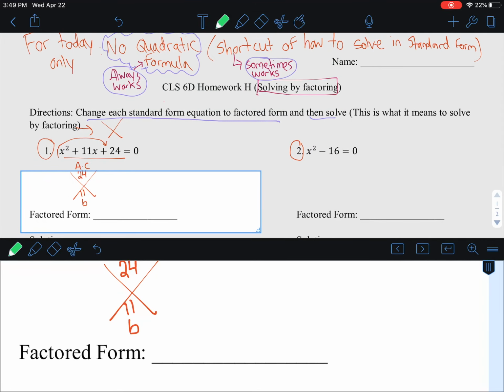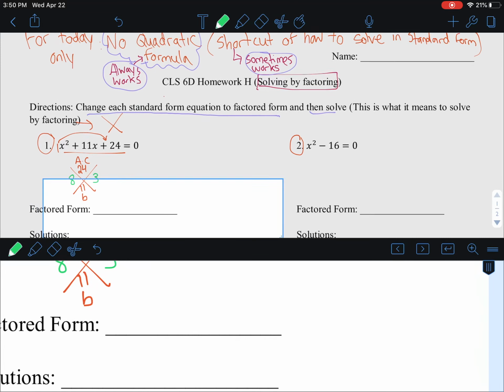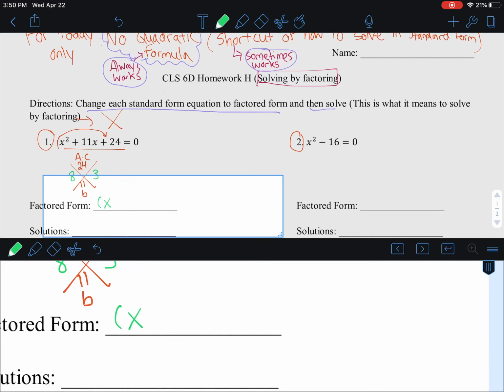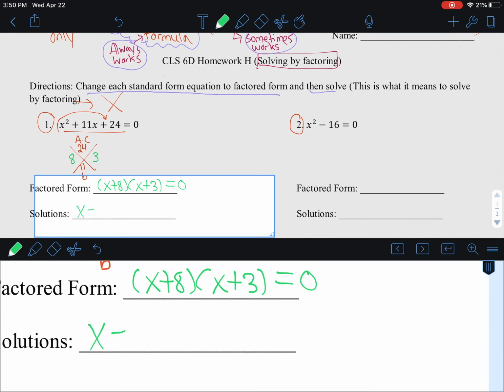Think of the multiplication first. It'd be 8 and 3, or 3 and 8. It does not matter which you write first. So my factor form would be x plus 8, x plus 3 equals 0. And then my solutions would be x equals negative 8 and x equals negative 3.